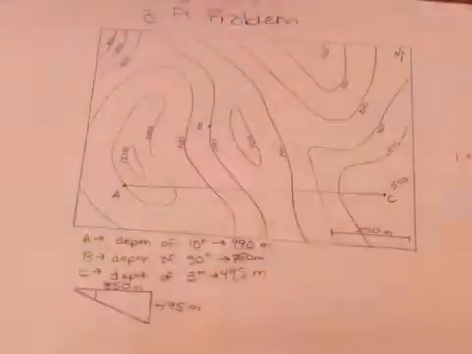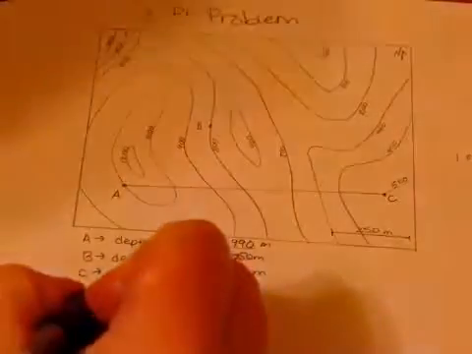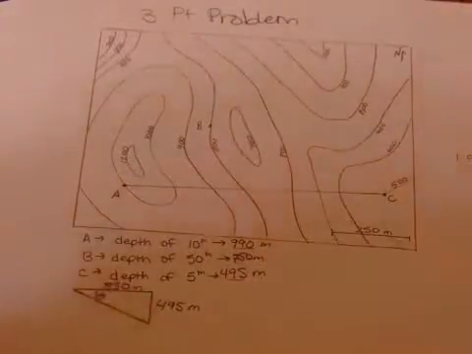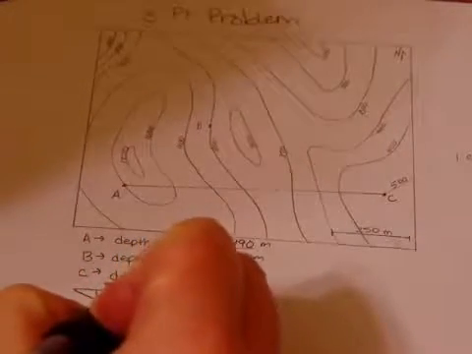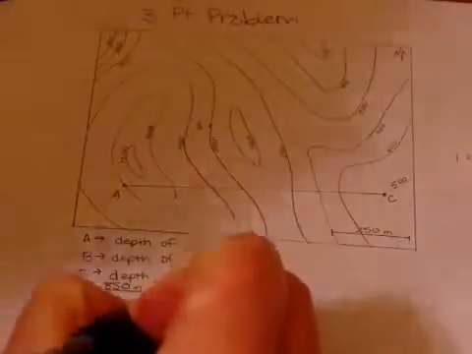And I want to find the apparent dip, the angle right here. Okay, so I've got the opposite side to the angle and the adjacent, so that means I use tangent. The tangent of that angle is 495 over 850.